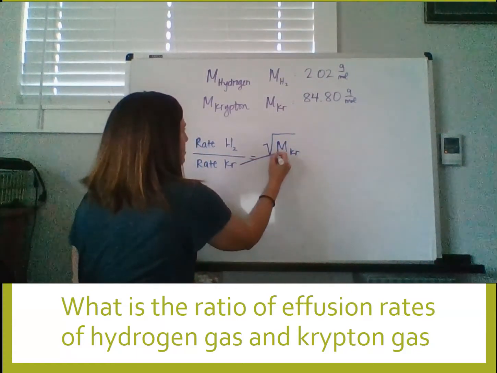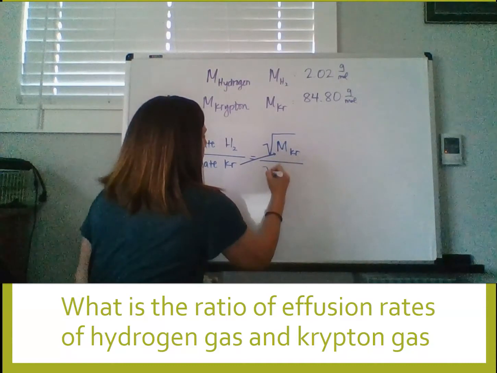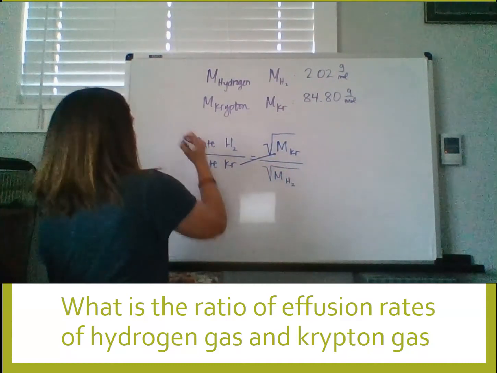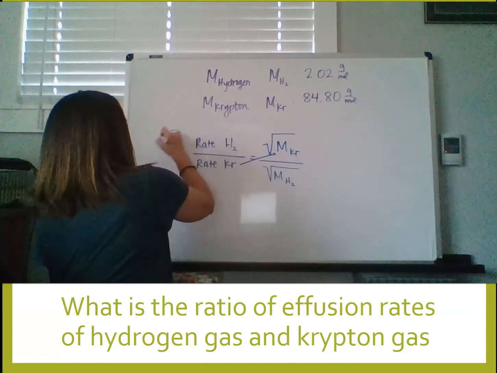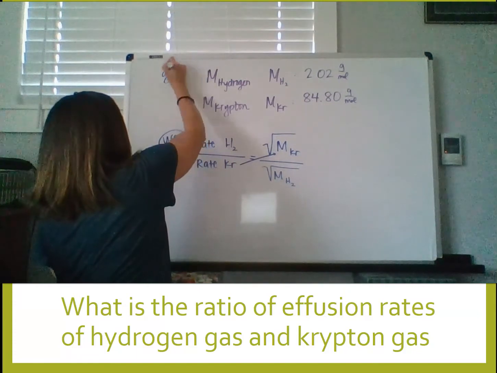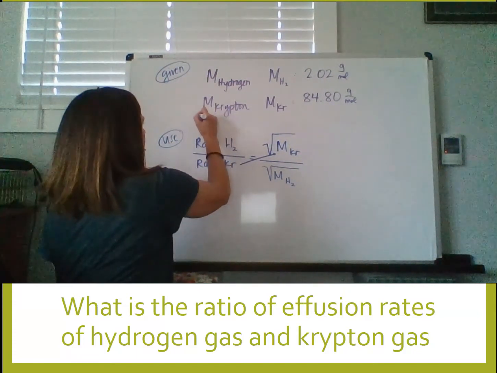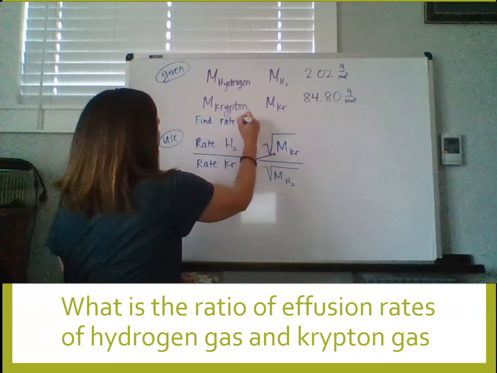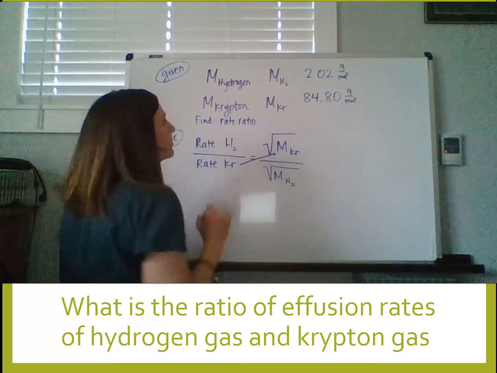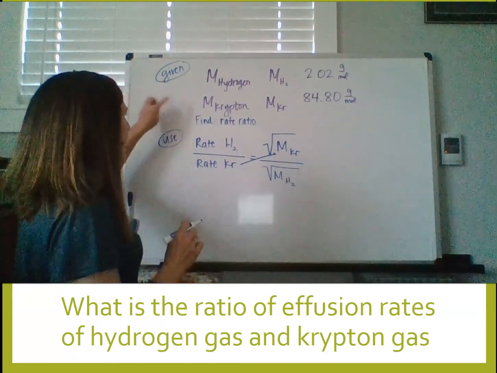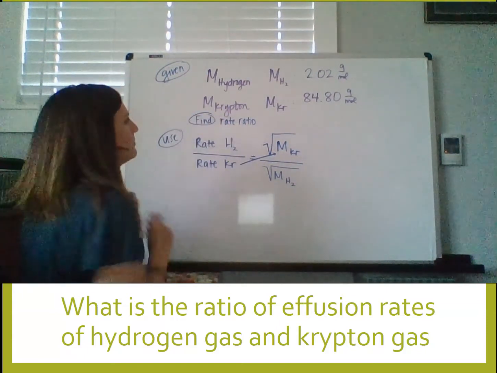Remember, I need to change their places, to the square root of the molar mass of hydrogen. So this is my use moment, this is my given moment, and we could add find, the rate ratio. That's what we're trying to find. So that's my given and my find and my use.